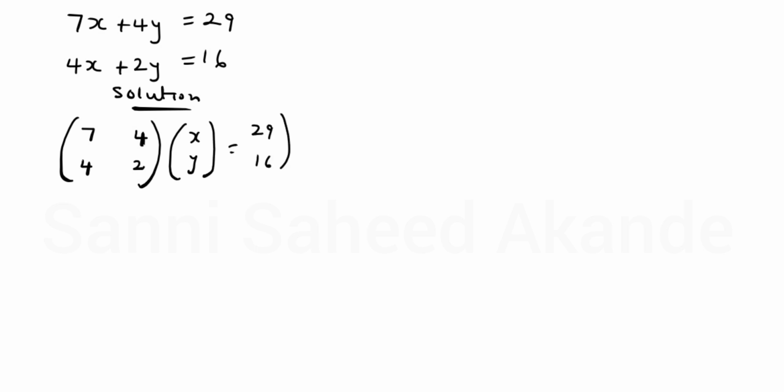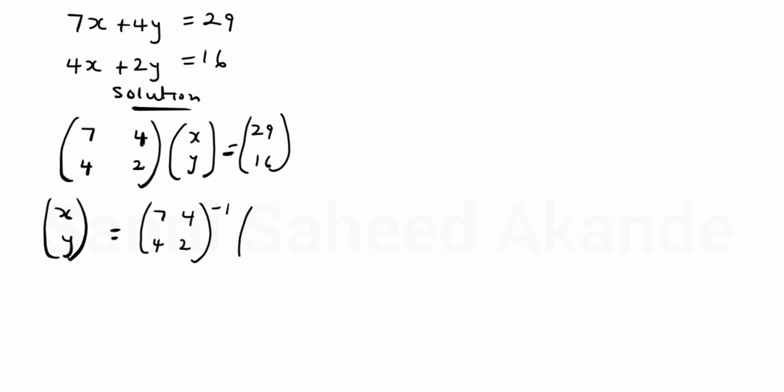So as usual, x and y will be equal to the inverse of this coefficient matrix, which is 7, 4, 4, 2, everything raised to power -1, then multiply by 29 and 16.